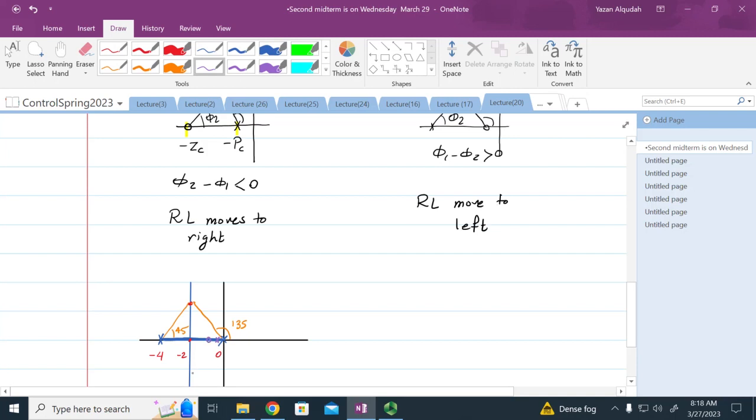We said this pole and zero that I added is going to contribute an angle that is less than 0. So let's say it contributes an angle of negative 20 degrees. Make sense? What is going to happen to this point in order for it to still be on the root locus?